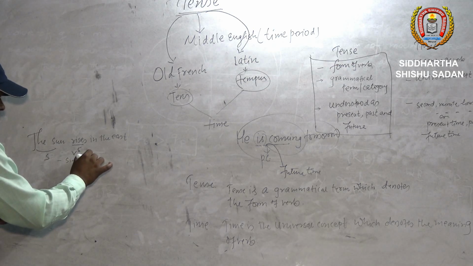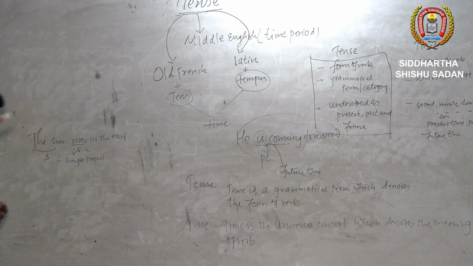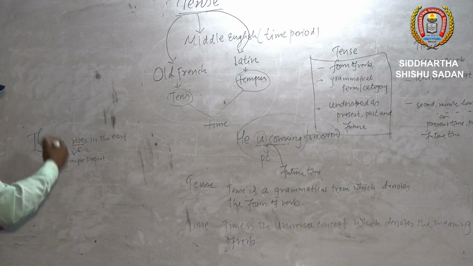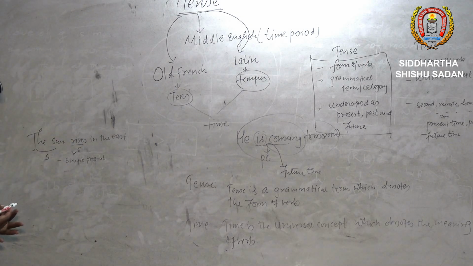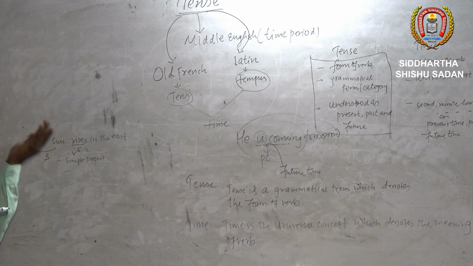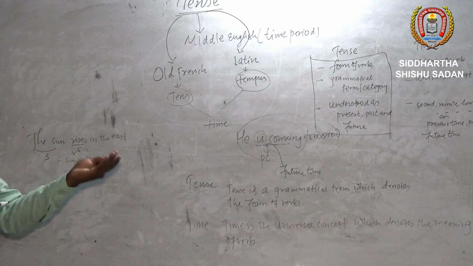It's simple present tense. But see, each time, which time does it show? My God, it shows past time, present time, future time here. The sun used to rise yesterday, rises now, and will rise tomorrow too.